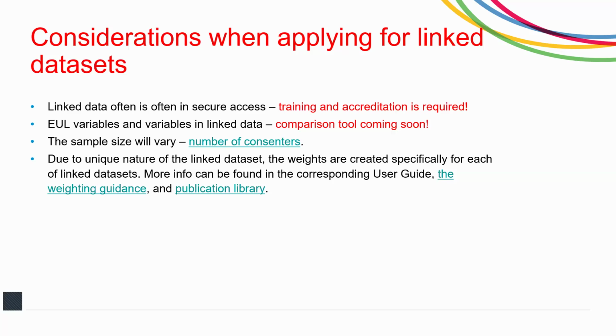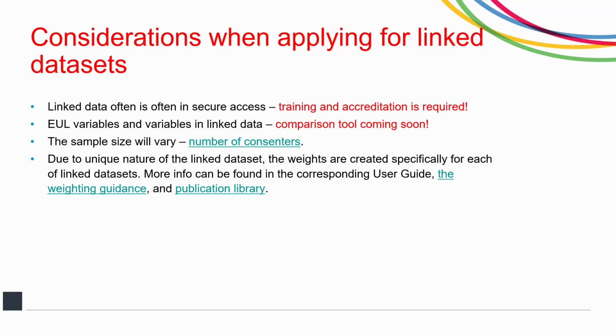Whenever you apply for a linked data set or, let's say, more restrictive data, you will need to explain why you want access to that data, why you cannot find similar variables in our lower access, in the UKDS version of the data set. So to help users with that, to showcase for each of the linked data sets what can already be found in our main study, we're preparing a comparison tool that we're going to launch on our website.